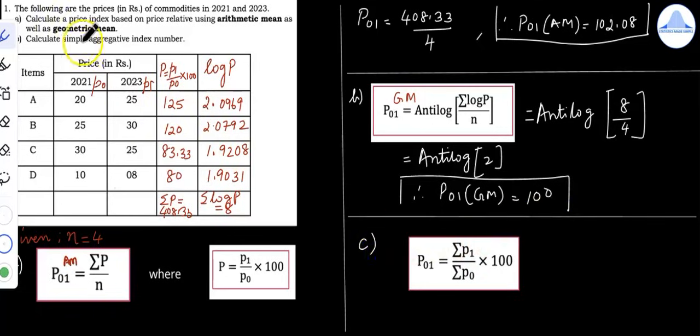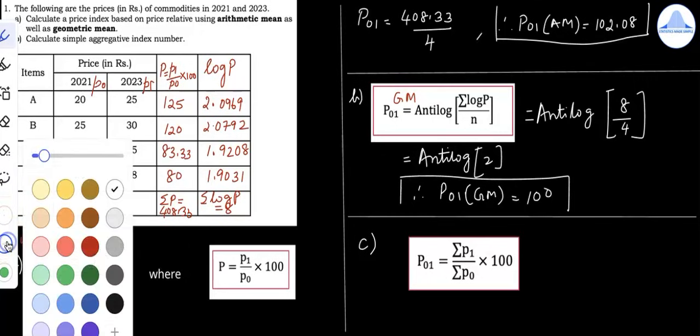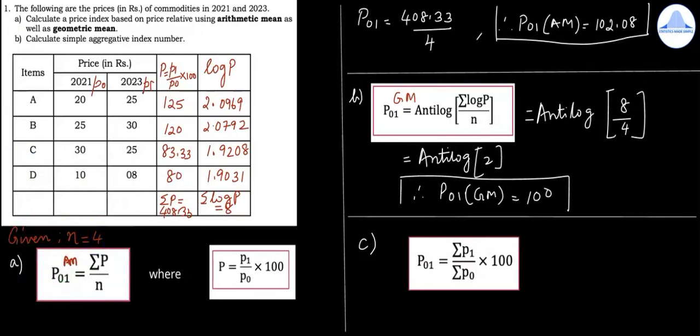Third subdivision, let us calculate the simple aggregative index number. So the simple aggregative index number formula is P01 equal to summation P1 divided by summation P0 into 100. So calculating the totals of summation P0 and summation P1, we get summation P0 as 85, and similarly we find out the total of P1 value.